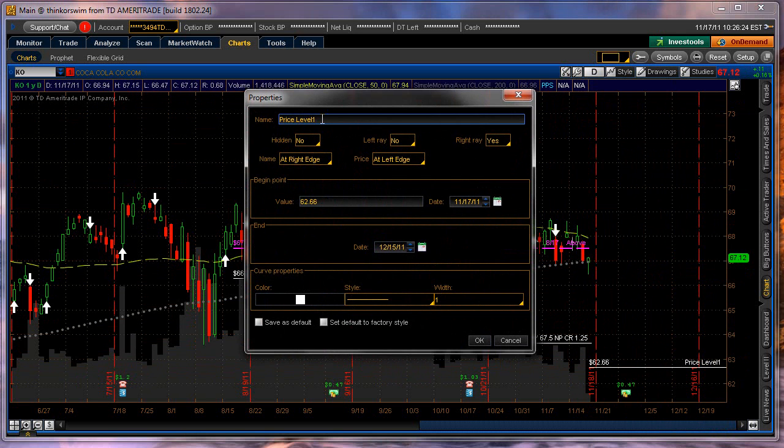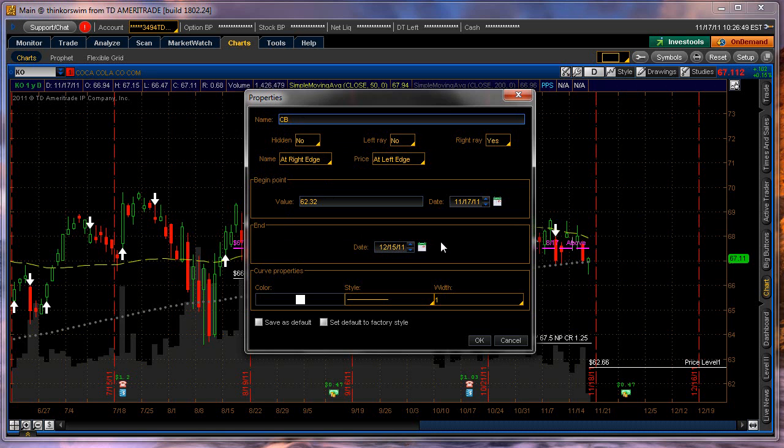Edit the properties, and we'll say cost basis. Oops. And the cost basis is now $63.64 minus the $1.32 credit that we got for that roll. So our new cost basis is 62.32.